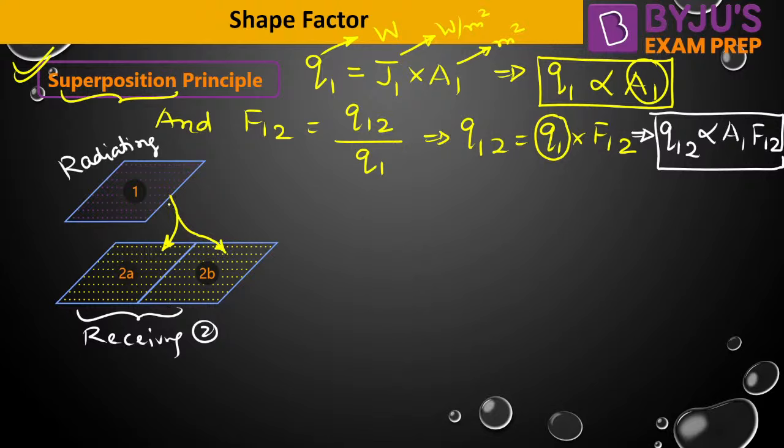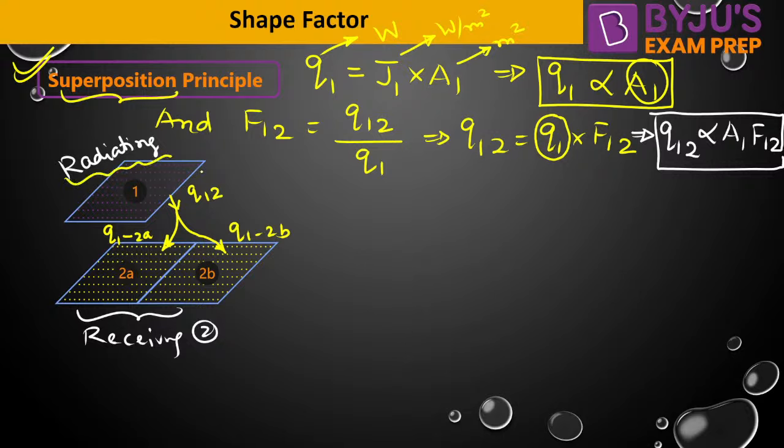So if we define Q1 to 2, then we can say it is the sum of Q1 to 2A plus Q1 to 2B, isn't it? According to energy conservation, 1 is the radiating surface and 2 is the receiving surface.